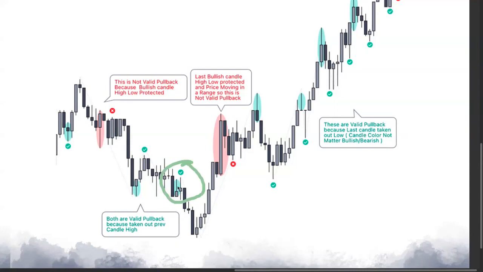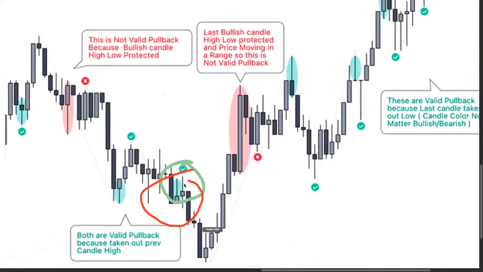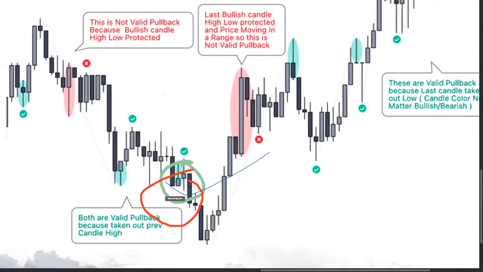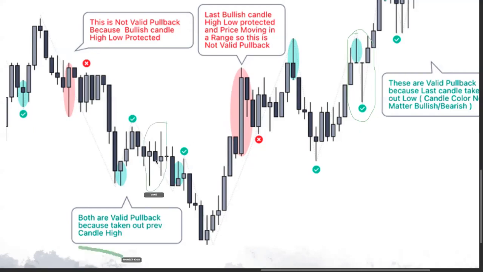Yes, this is a valid pullback here because, let me explain. First of all, this one, correct, and this high is taken out, so this becomes a valid pullback.